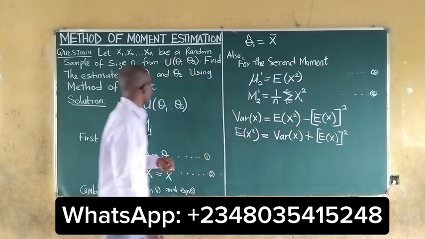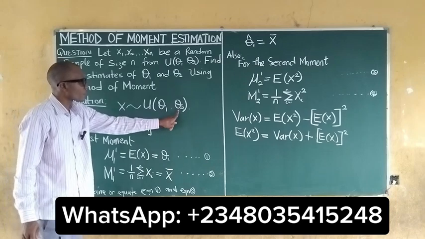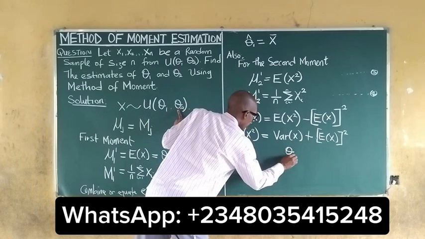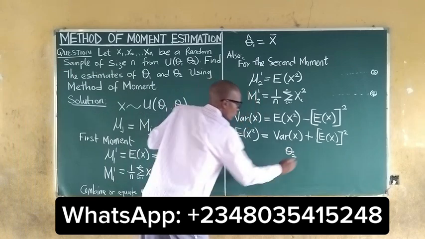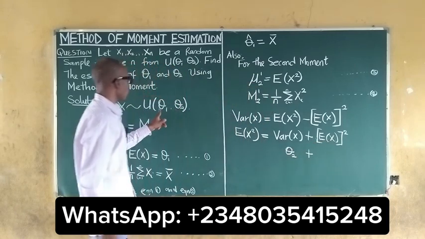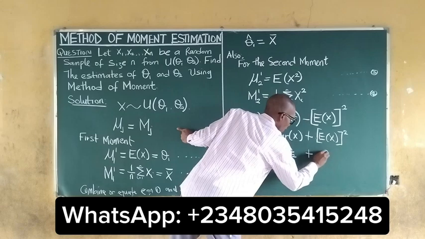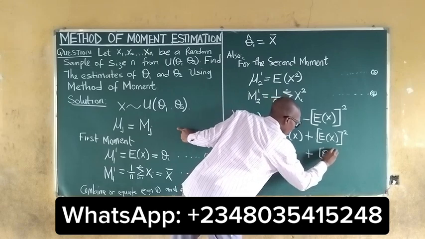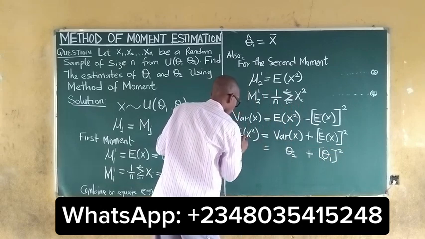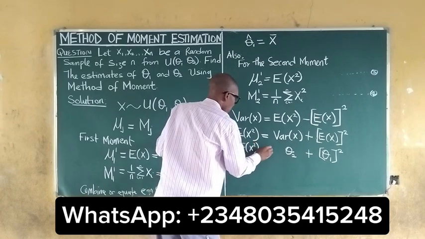What is our variance? Our variance is given to us here as theta 2. So we put our variance here as theta 2 plus what is our expected value of x? Our expected value of x, which is the mean, is theta 1. So we put theta 1 here, theta 1 all squared, which is equal to the expected value of x squared.